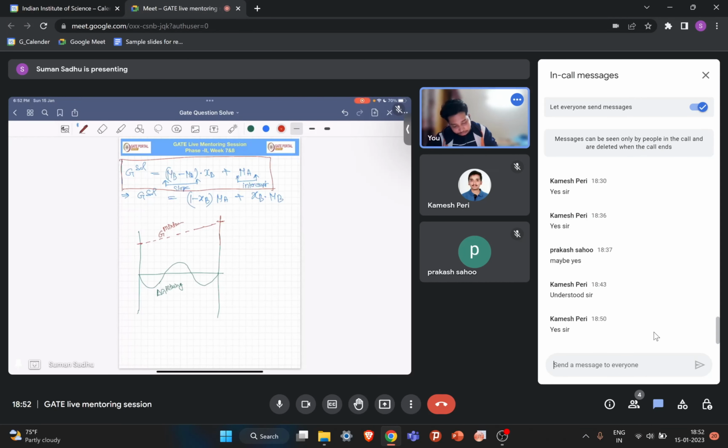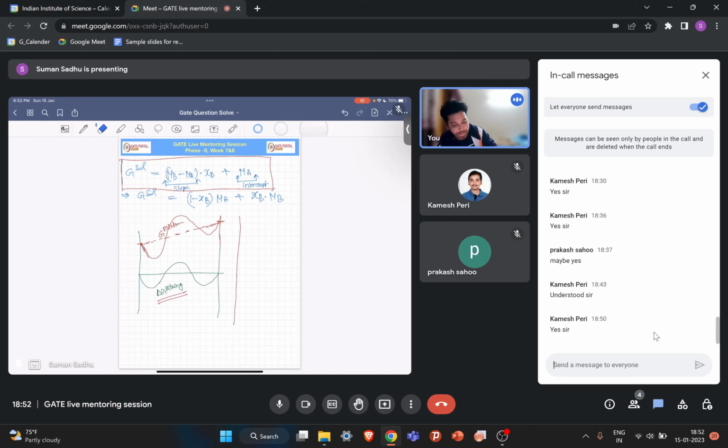So now your G of solution will be like this, right? Because G of solution is basically G of mixture plus delta G mix. So your free energy versus composition diagram will look like this.